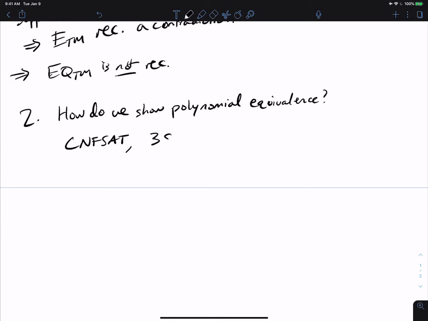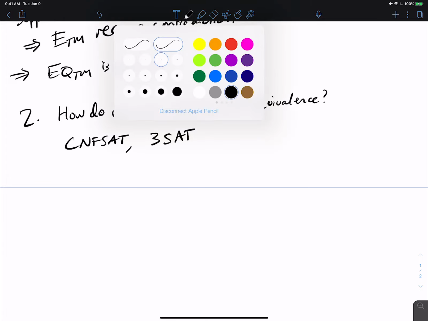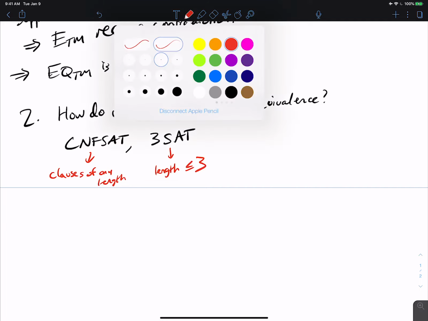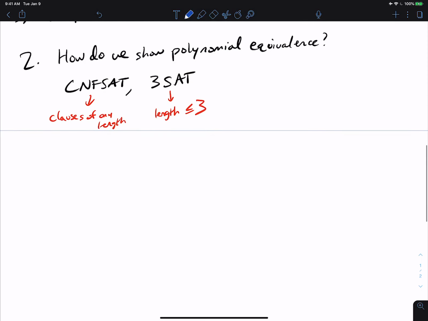and 3-SAT. Recall that CNF-SAT is clauses of any length, and 3-SAT is the ones of length, I don't know if I said at most 3 or exactly 3, but we might as well just assume at most 3. These are not exactly the same problems, but they are equivalent in the sense that we had this notion of polytime reductions.